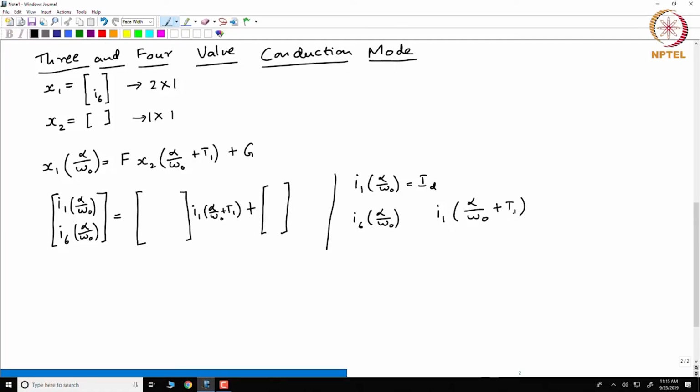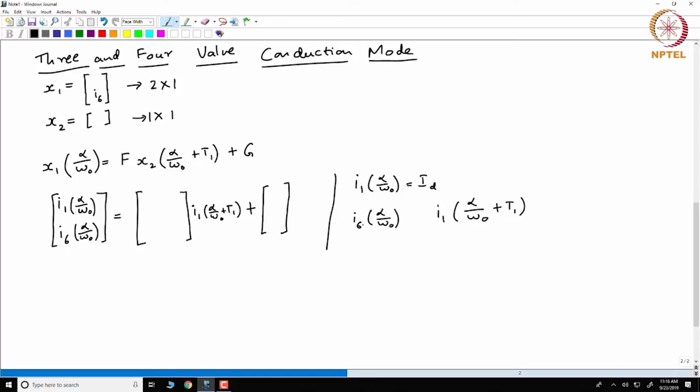Say this uppercase T1 is one interval, that is 60 degrees. Now we are doing everything in time because our equations are differential equations where the independent variable is time. So that's why we have changed everything to time for the time being. So how are these two related? I6 at alpha by omega O and I1 at alpha by omega O plus T1.